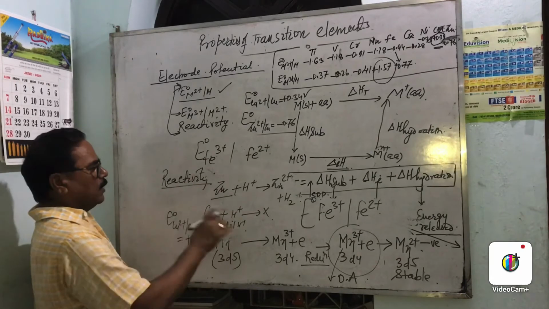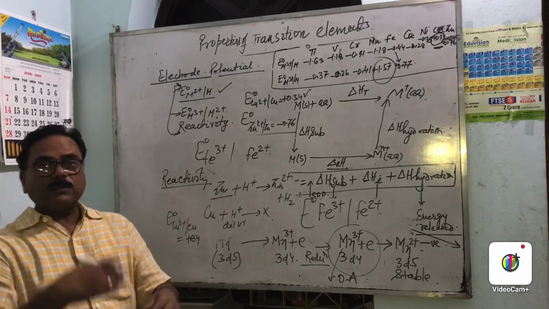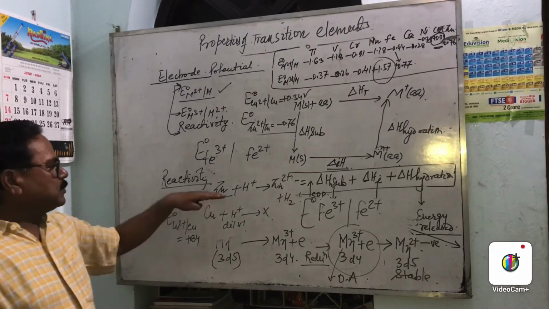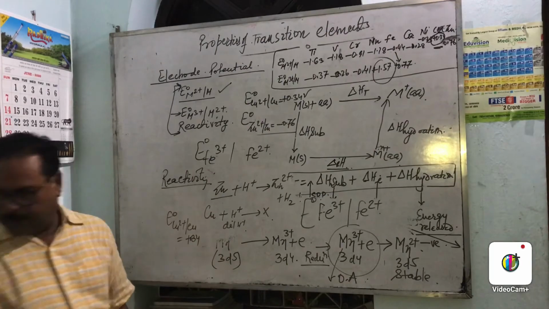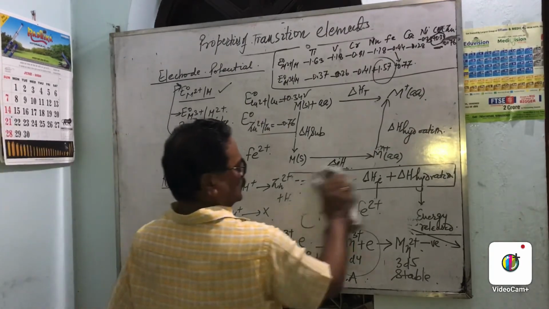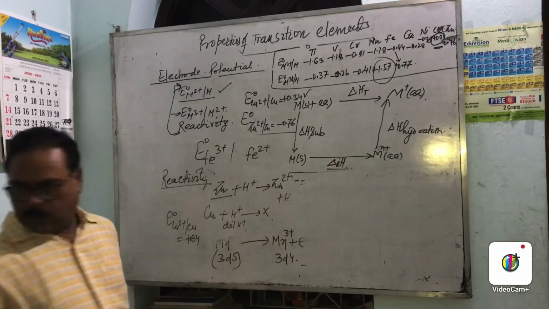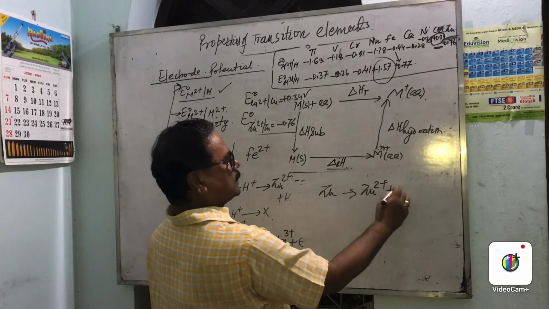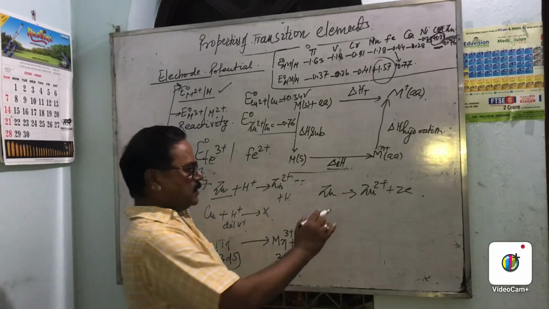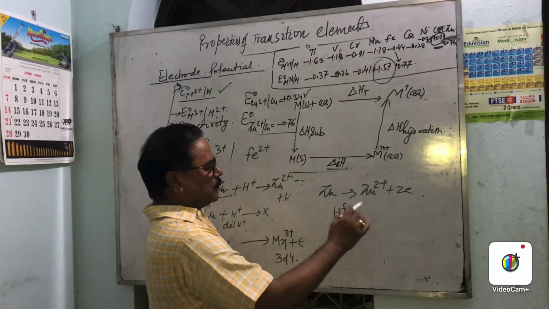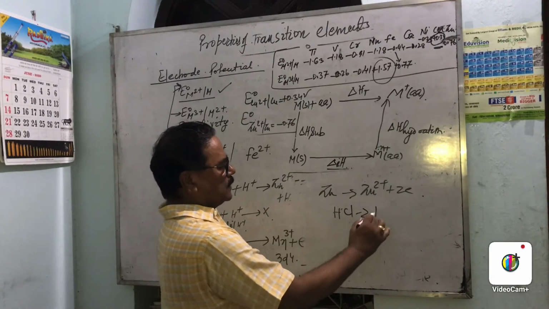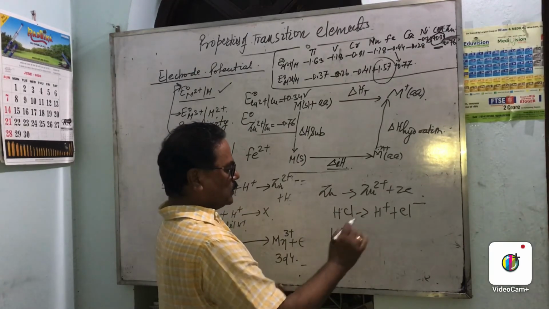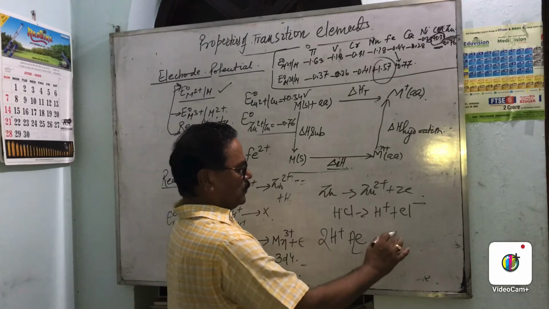Dilute H plus, zinc will react. Why? Because zinc has a lower SRP, meaning a negative value, so it is more reactive. So how it will react, let us see. Zinc gives Zn2 plus and electrons, and this H plus comes from where? This is HCl, this is H plus and this is Cl minus, and this H plus accepts electrons. 2H plus plus 2e gives H2.